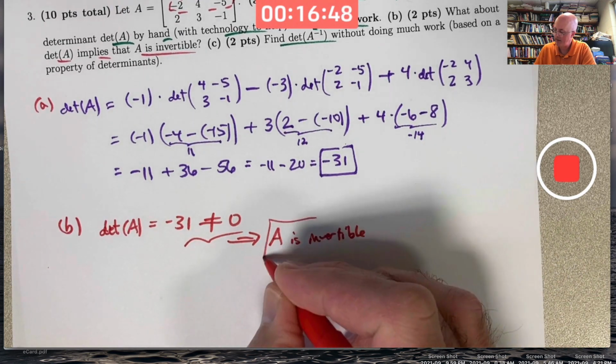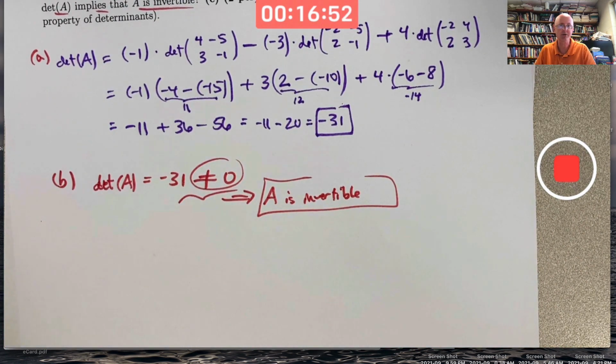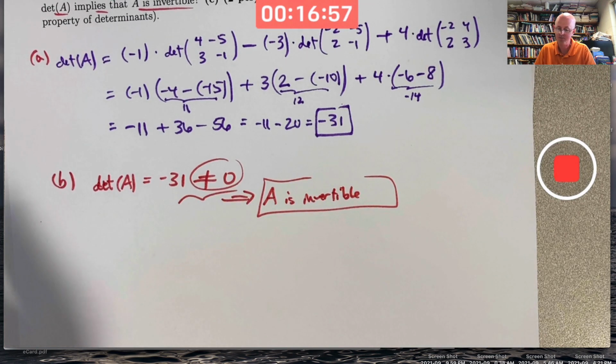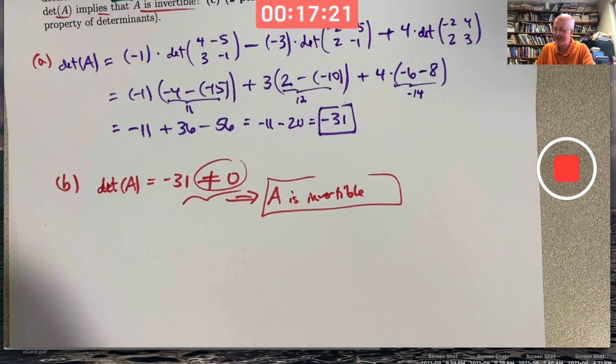Anytime a square matrix has a non-zero determinant, that means that square matrix is invertible, which is also sometimes called non-singular, non-special. Not a rare thing, a very common thing. When the matrix has a zero determinant, that's rare, that's special. We call it singular, and in that case, it would be non-invertible. So invertible goes with non-singular, non-invertible goes with singular. It's a bit strange.